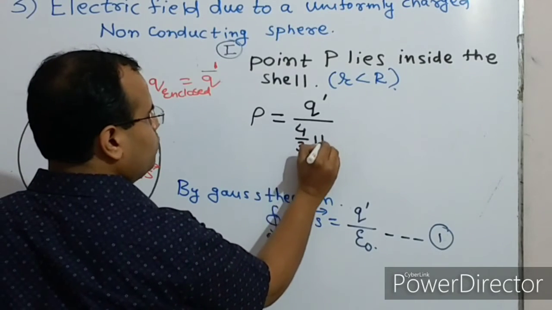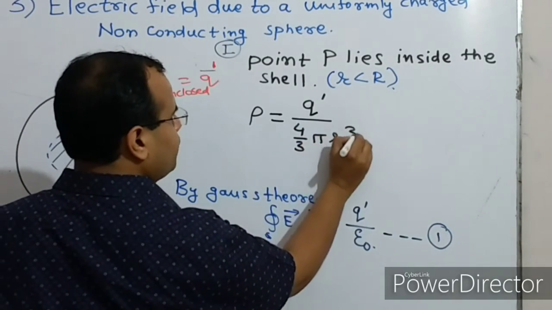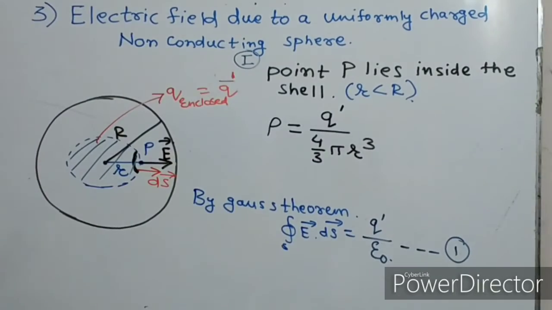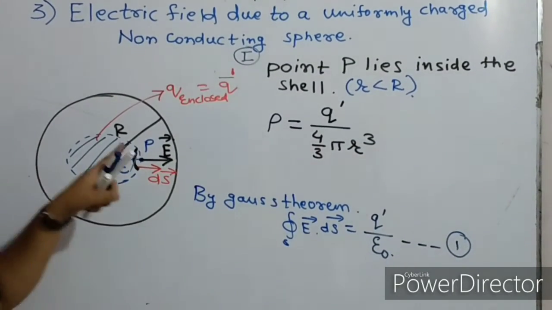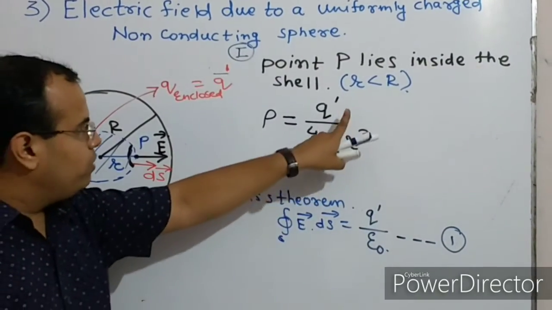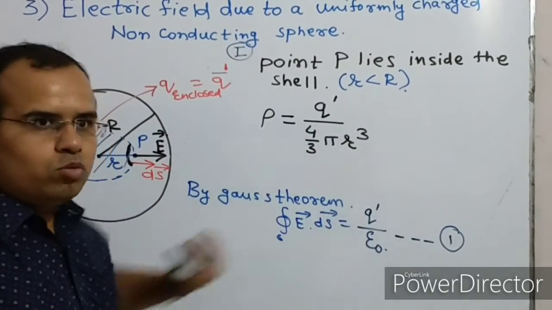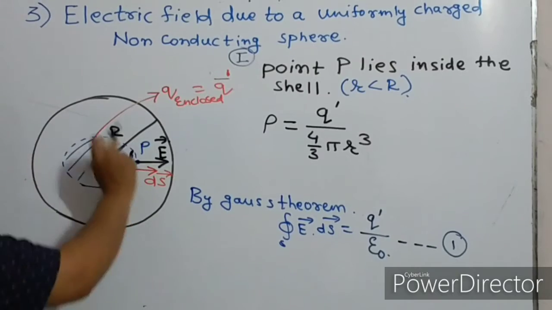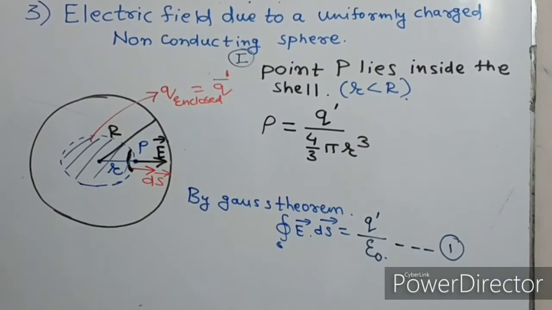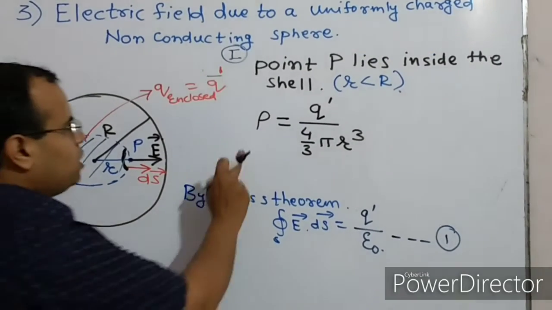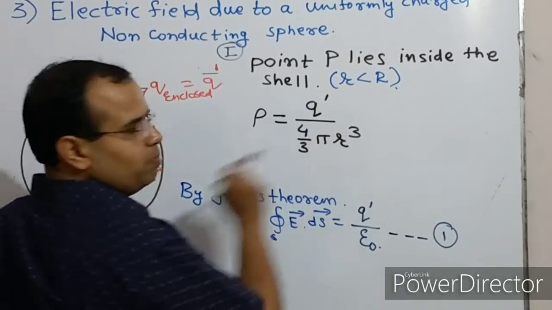What is the volume in this case? It is 4/3 pi r cube, because we are taking charge q dash, and here the sphere is of radius small r. So rho is equal to q dash upon 4/3 pi r cube.